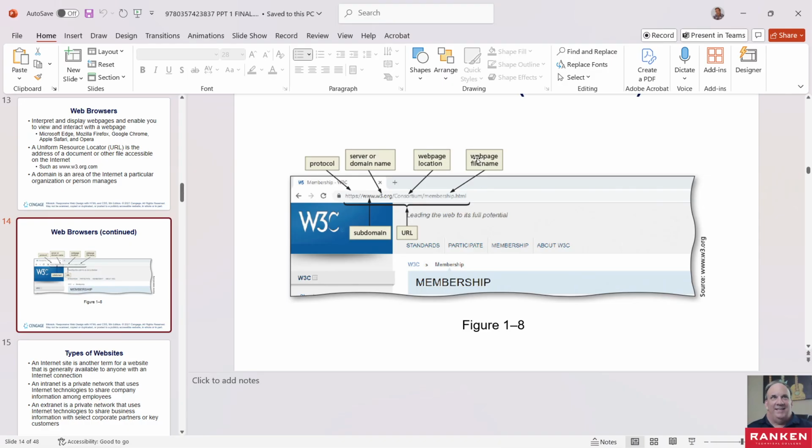Sometimes it follows a logical directory structure. On servers you have folders, and to access a file in that folder you have the folder name, which would be the web page location, and then a specific file name. To be able to view it in a browser, that file is going to be an HTML document.